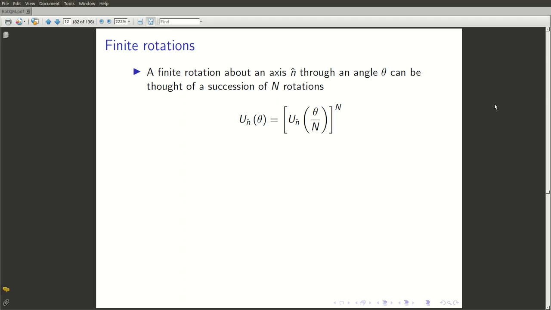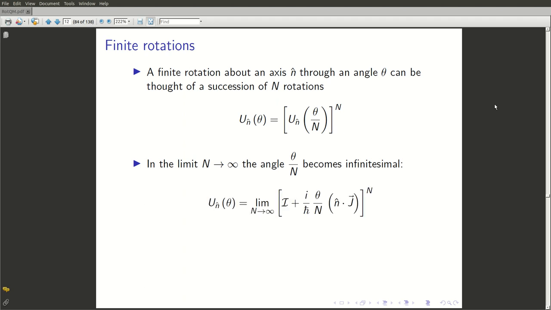So small, in fact, that in the limit when n goes to infinity, it's only the first order correction that matters. So, U_n(theta) is the limit as n goes to infinity of U_n(theta by n) to the power n. But in this limit, U_n(theta by n) is nothing but the identity plus i by h cross times the angle theta by n times the component of the angular momentum in the direction of n hat.